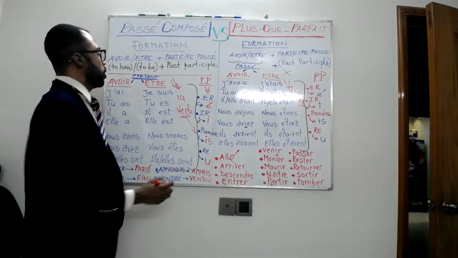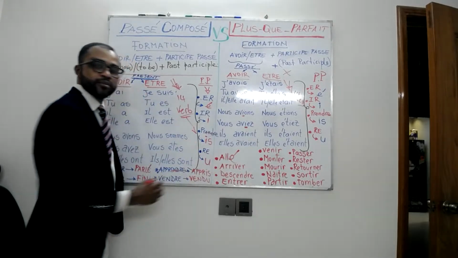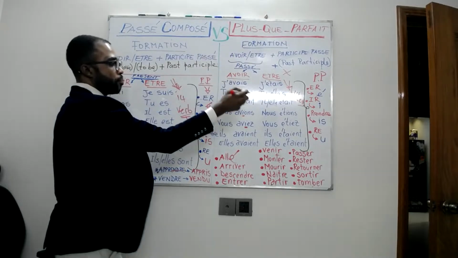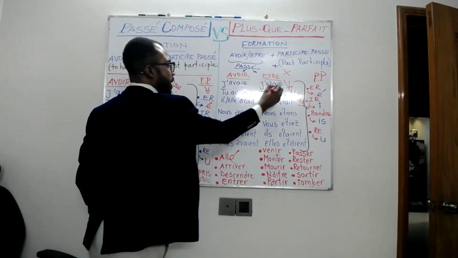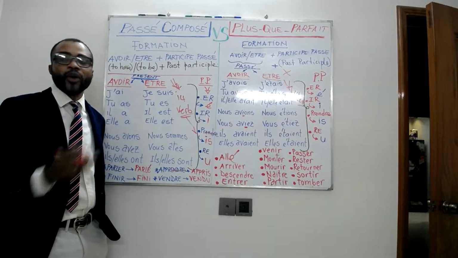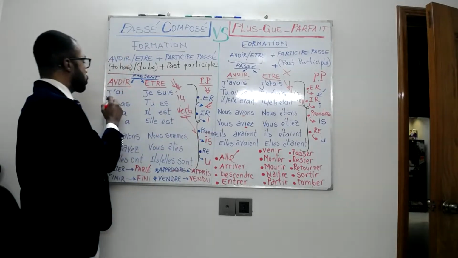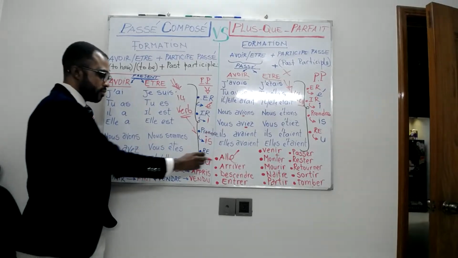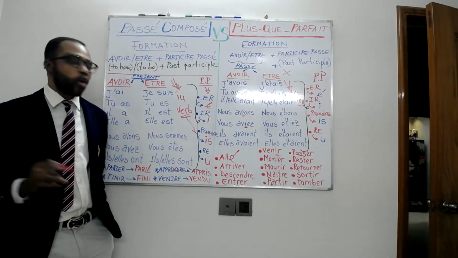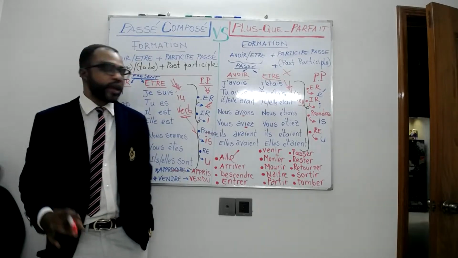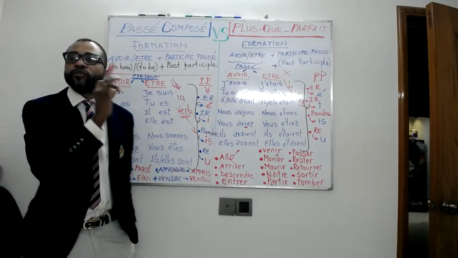So we say, je suis allé à Paris. Plus-que-parfait, j'étais allé à Paris. C'est bon? For this one, we do not use j'ai allé. No, that's wrong.